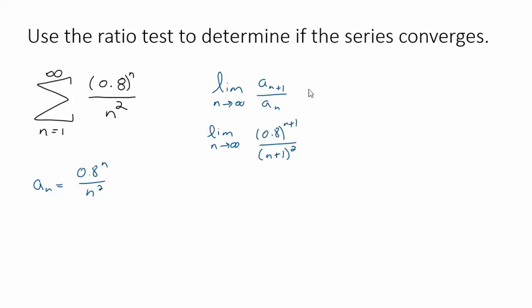Another way you could think of this, and it's actually nicer when you have fractions, is as a sub n plus 1 times 1 over a sub n. Since a sub n is a fraction, we flip it over, so we multiply by 1 over a sub n, which is n squared over 0.8 to the n.